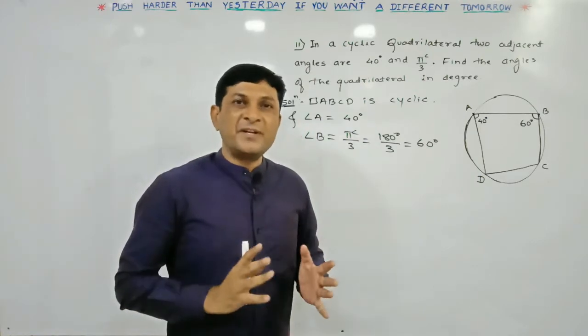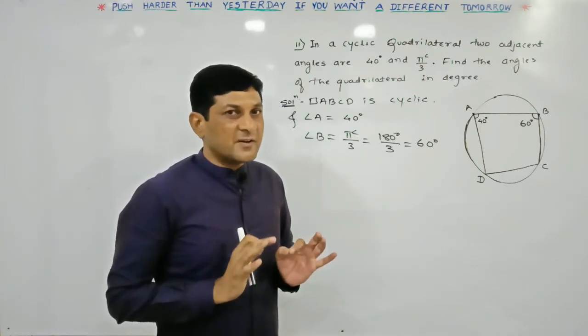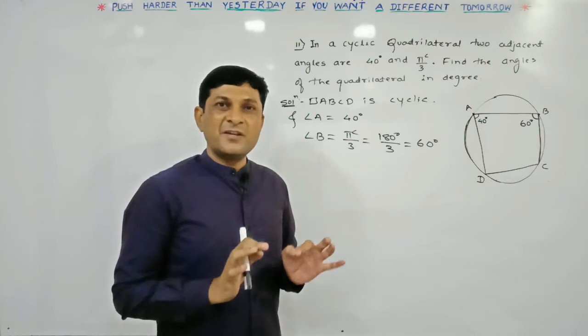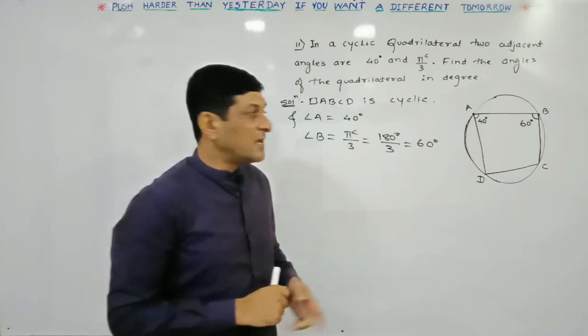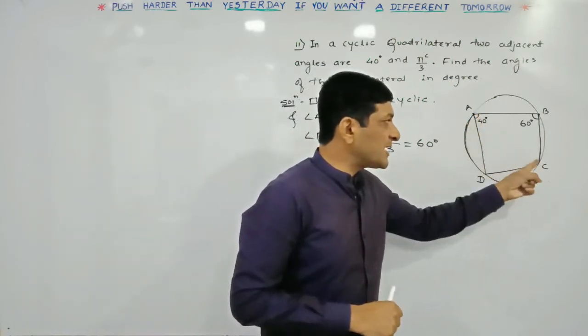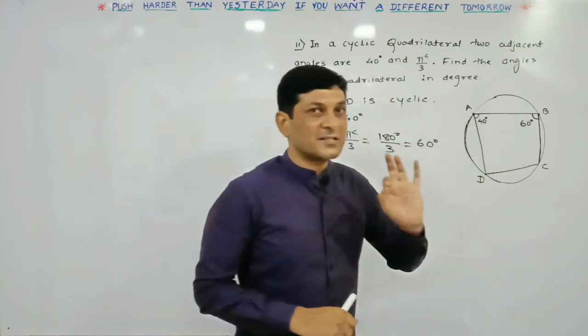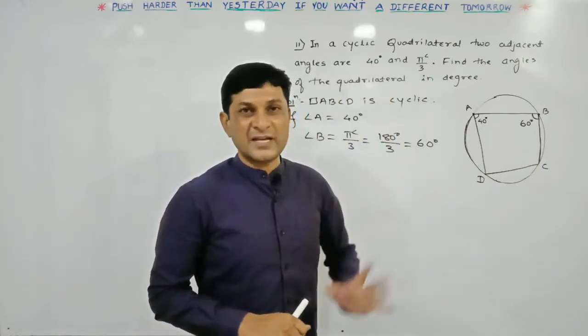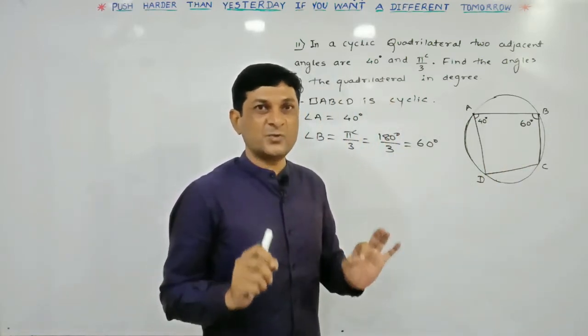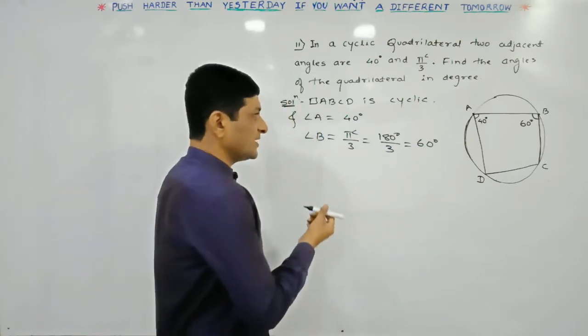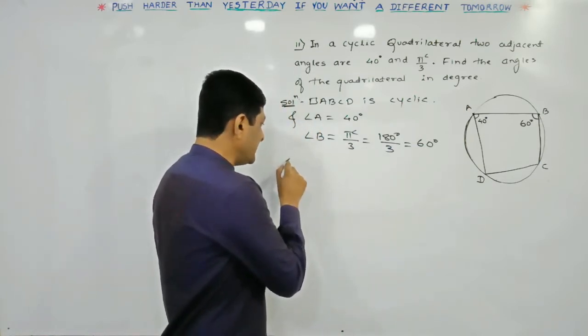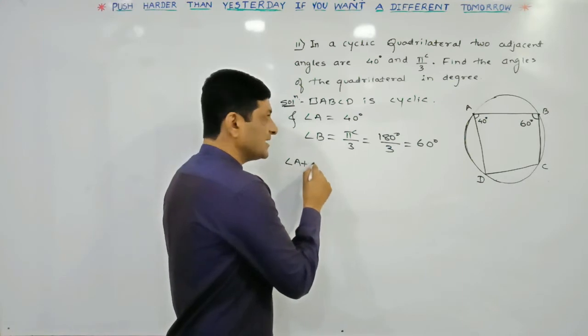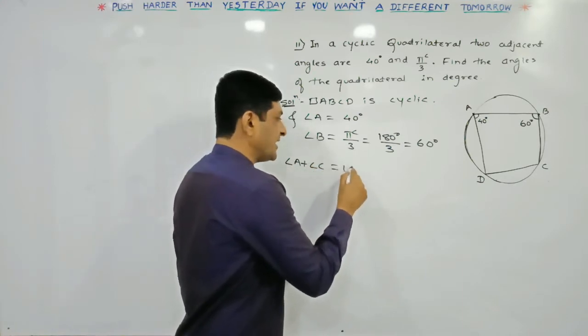So we have studied cyclic quadrilaterals in your earlier classes. In one important theorem we have proved that opposite angles of a cyclic quadrilateral are supplementary. Means the sum of opposite angles of a cyclic quadrilateral is 180 degrees. So using this condition we can say that angle A plus angle C is equal to 180 degrees.